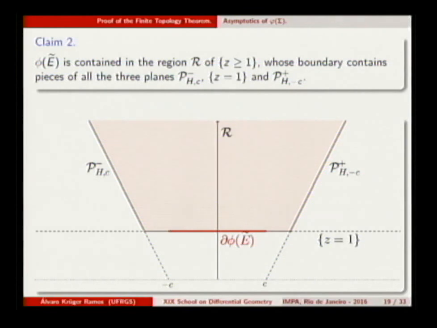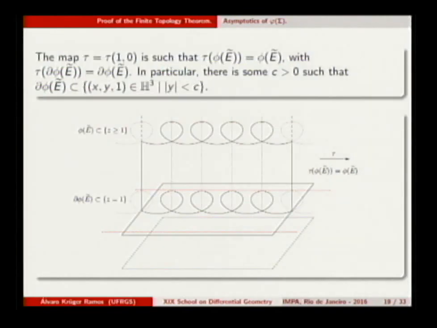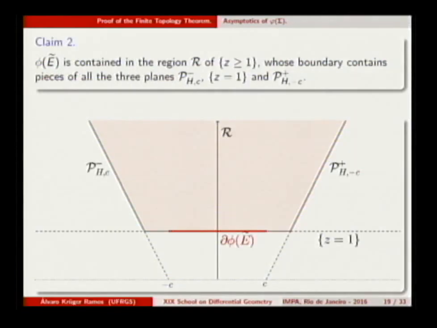And we are going to start understanding where this half plane lies in H3. So the first claim is that if the boundary is inside this region between minus C and C, you have these tilted planes here, and then the whole half plane lies inside this region. So let me draw you a picture here.